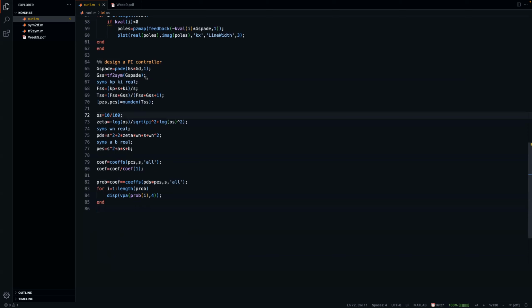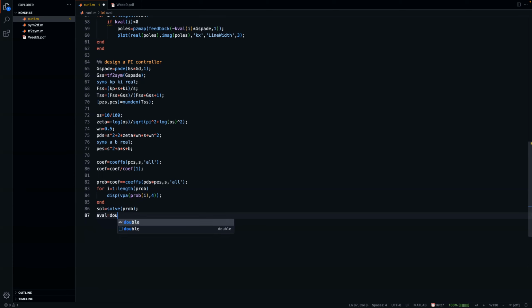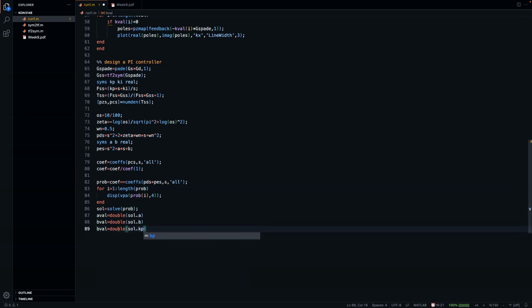So instead of defining omega n like this, let's define omega n like 0.5 and try to come up with a solution. So we will have a val double solve at a, and then b val, b, kp, ki, ki and kp.